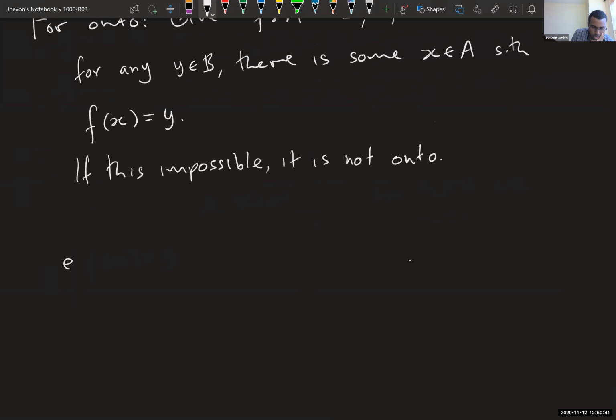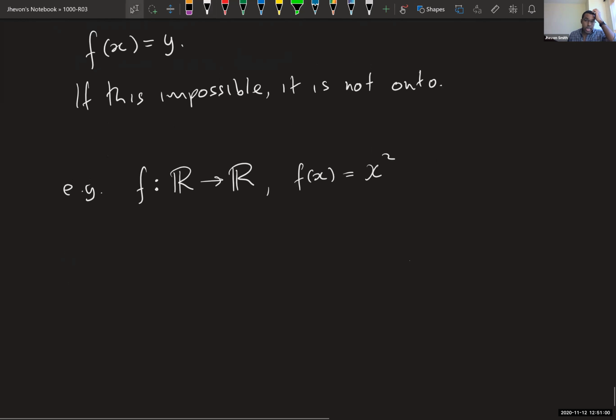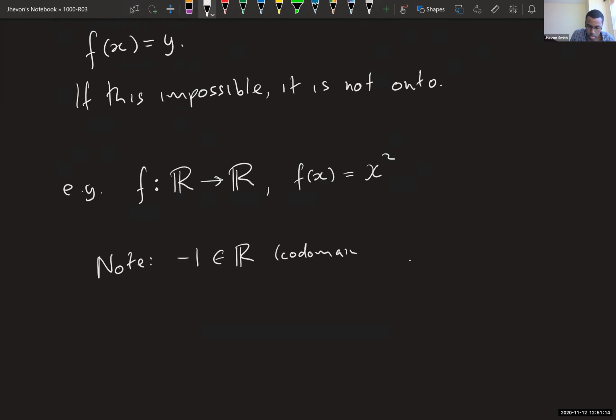So silly example there. So let's say I have a function from all the real numbers to all the real numbers defined by f of x equals x squared. What I can say is this is not onto because note -1 is in R, the codomain, right?